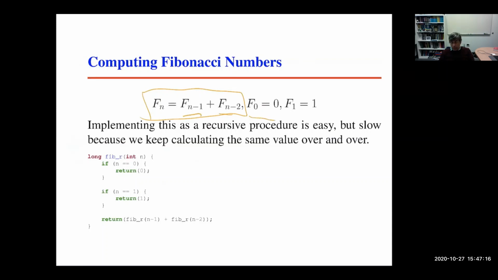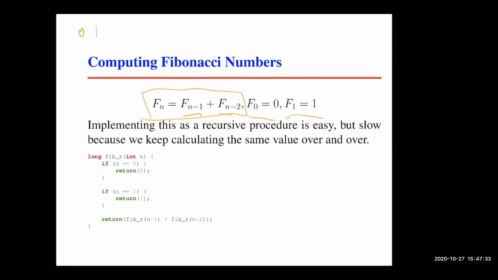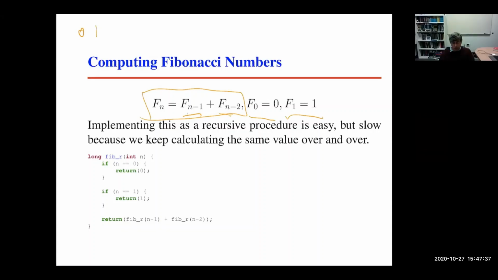We say the 0th Fibonacci number is 0. The first Fibonacci number is 1. What is the second Fibonacci number? It's going to be 1. It's fib of 1 plus fib of 0, which is 1.